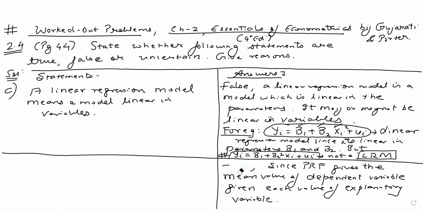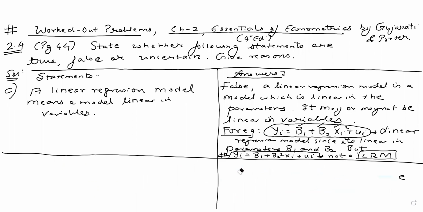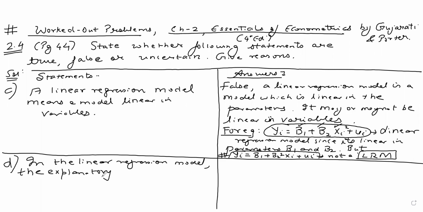Erasing this part off, let's look at statement D. So statement D is as follows: In the linear regression model, the explanatory variable is the cause and the dependent variable is the effect.